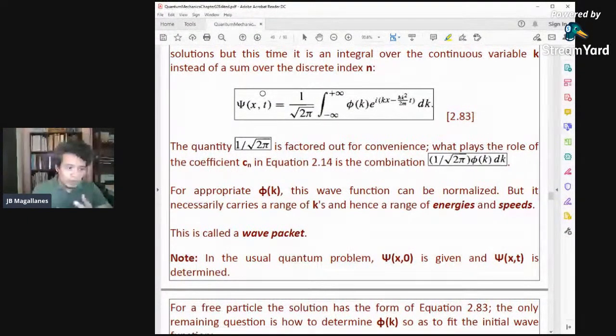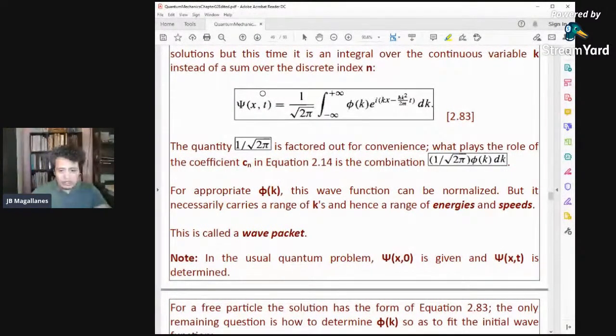The infinite square well and the harmonic oscillator have discrete, quantized energies. For example, the energy of the harmonic oscillator is 1/2 h bar omega, and then the first excited state would be 1 plus 1/2 times h bar omega, and the next would be 2 plus 1/2 times h bar omega.